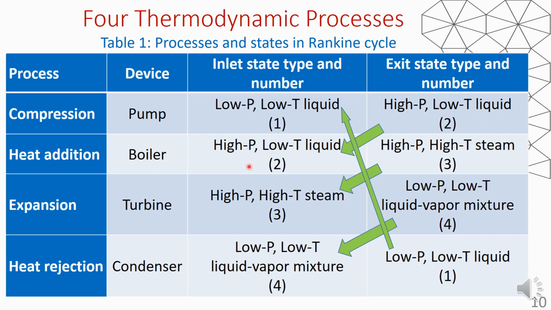State number 2 goes to the boiler and a process of heat addition happens, and this water becomes high pressure and also high temperature steam, state number 3, which goes to the turbine where a process of expansion happens, and this water becomes low pressure and low temperature liquid-vapor mixture, state number 4, which goes to the condenser and a process of heat rejection happens, and this water returns back as it was, state number 1, low pressure and low temperature liquid as it was before the pump.